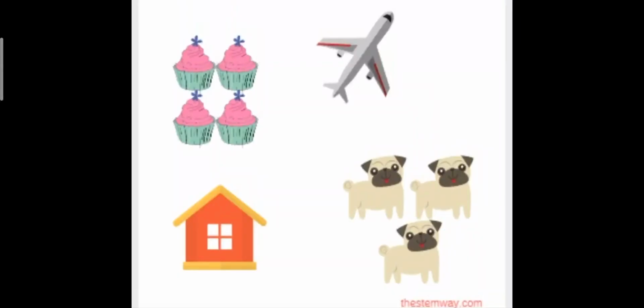Now, let's see a picture of one and many. Let's revise the concept of one and many through this picture. Here we have some objects which are one and many. Here, first picture is of cupcakes.